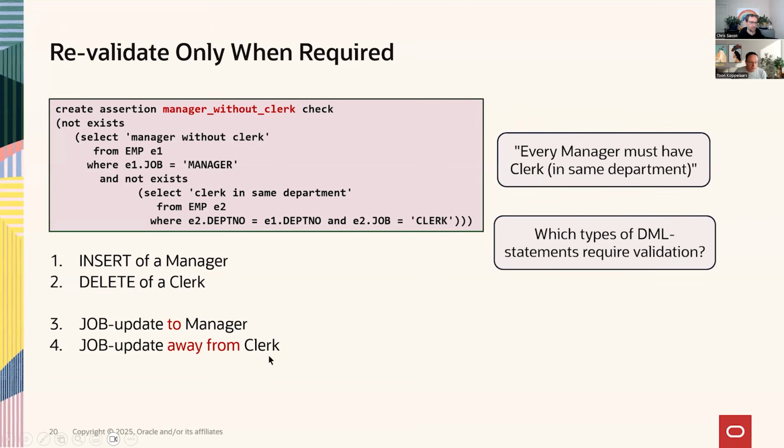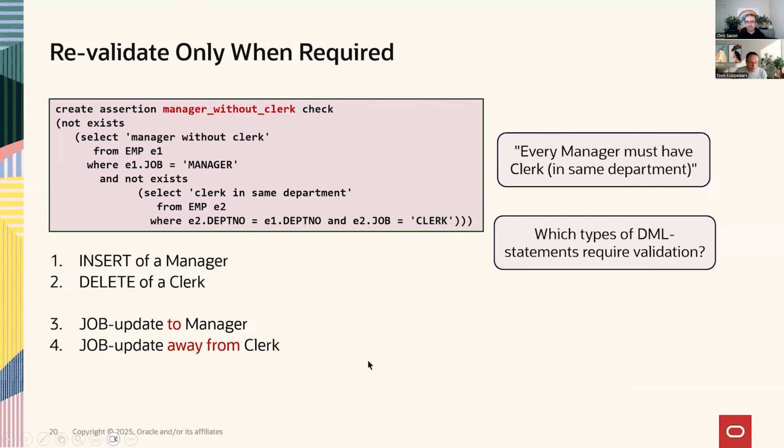Similarly, if you update the job of somebody who's currently a clerk to no longer be a clerk, that would be the update equivalent of deleting a clerk. So now we already have four very specific events. All other types of updates can never violate this SQL assertion.